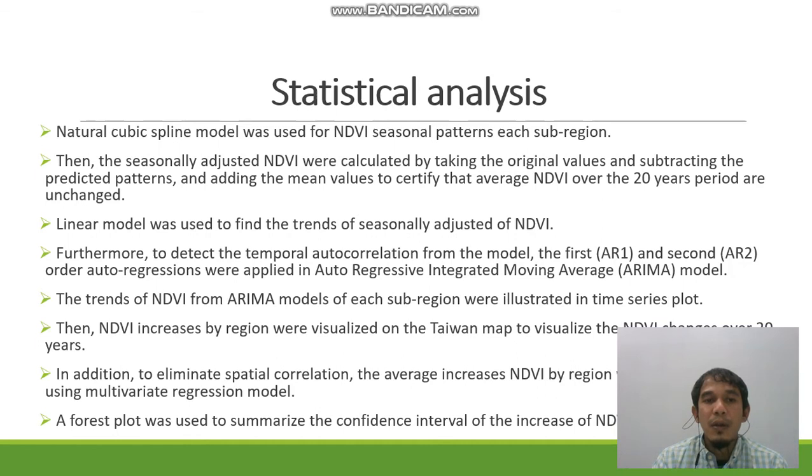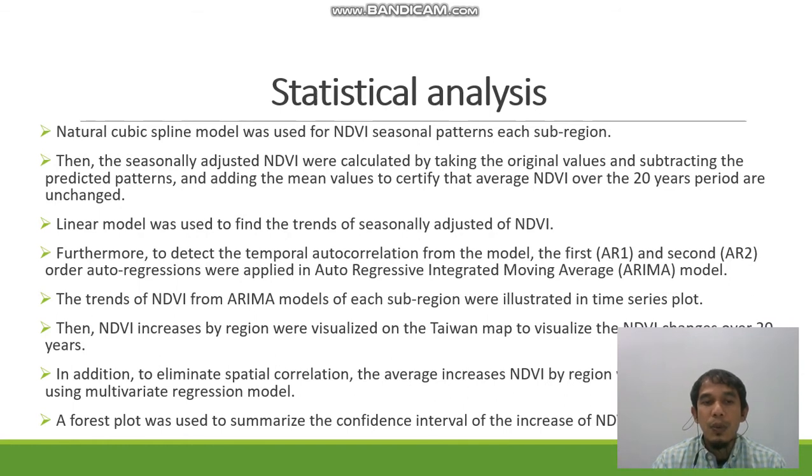And then we used a linear model to find the trend of the NDVI. Furthermore, to detect temporal autocorrelation, we used the ARIMA model. The trend of the NDVI from the ARIMA model of each subregion was illustrated in a time series plot. Then the NDVI increase by region was visualized on the Taiwan map to show the NDVI changes over 20 years.